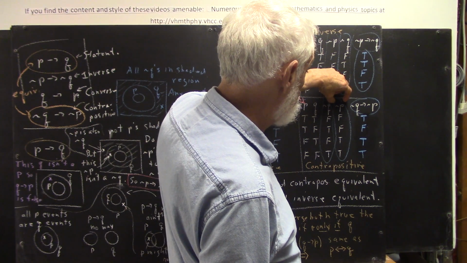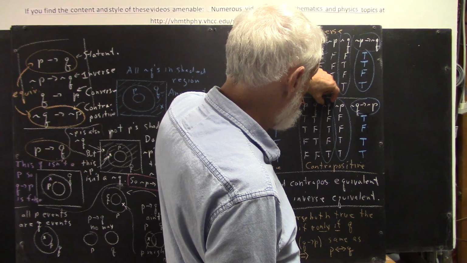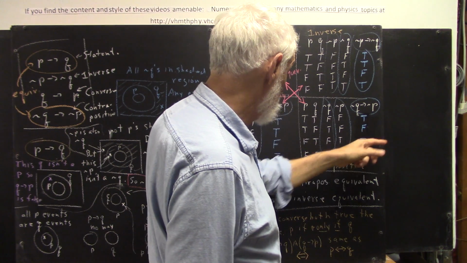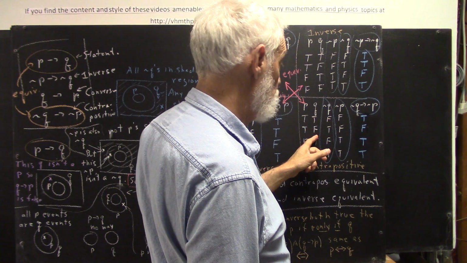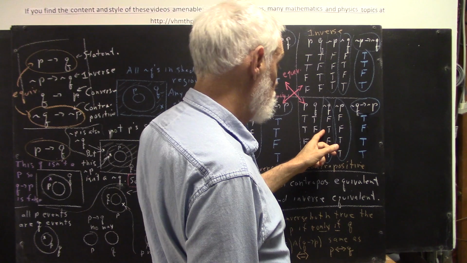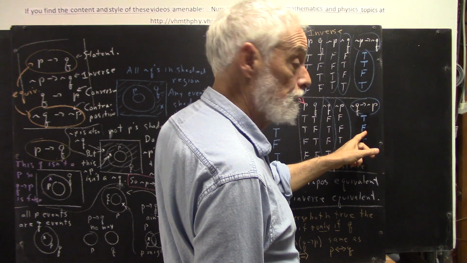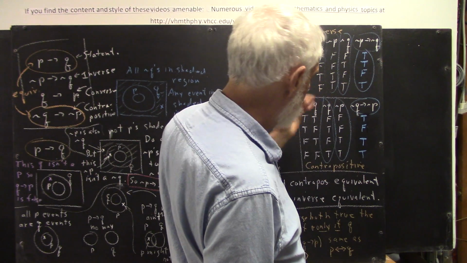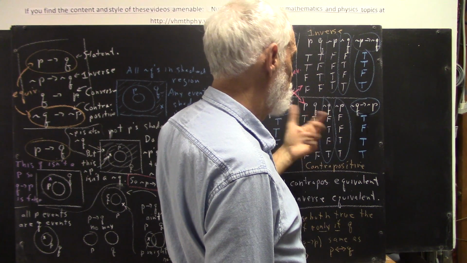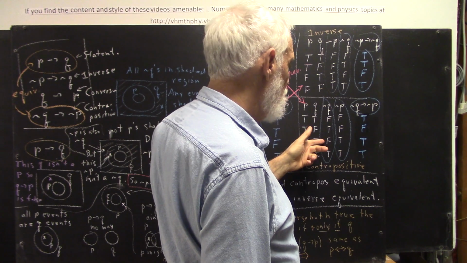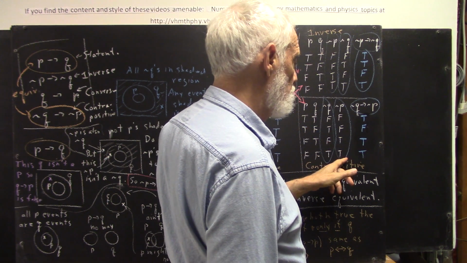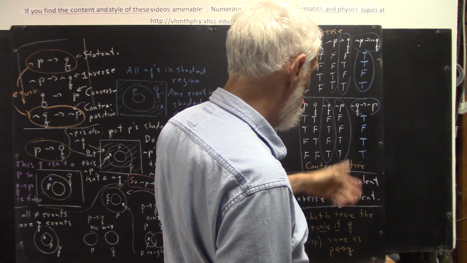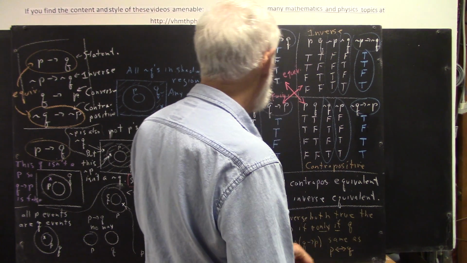And I look for the case, or any cases, where the antecedent is true, the consequent is false, and I find that it's in the second row where P is true and Q is false. That makes not Q true, not P false, which makes the conditional false. In the other three cases, you either have a false antecedent or you have both antecedent and consequent being true, so we have truths in all those.